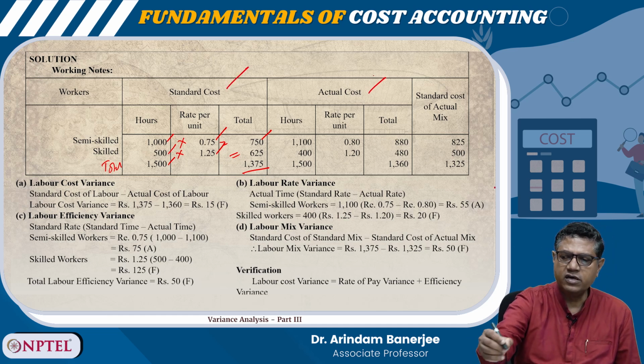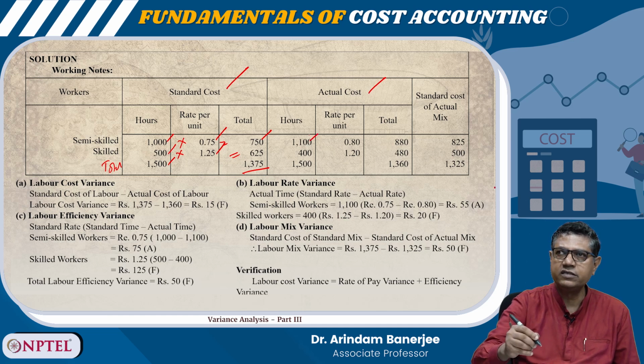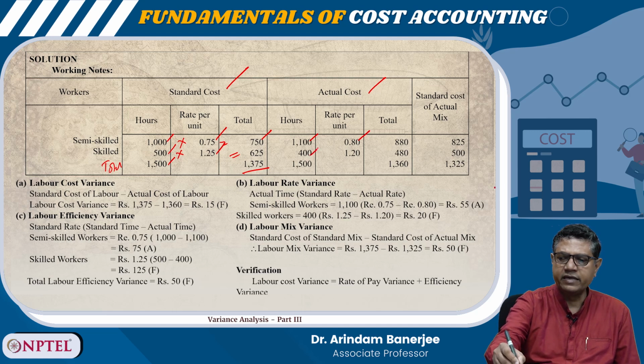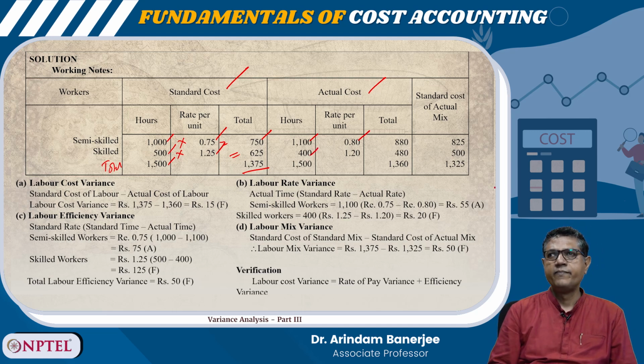What is my actual cost? The semi-skilled has taken 1100 hours at the rate of 0.80 per unit, and skilled took 400 hours at 1.20 per unit.